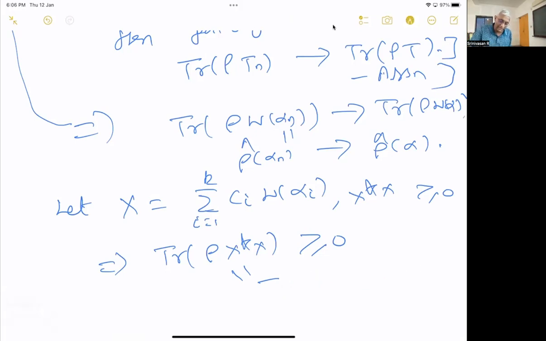When we define a state, it has to give a positive linear functional on some algebra. We are not going through that definition of state. We have rho as a positive trace class operator of trace 1, and it is a state because it gives rise to a positive linear functional through this. That is what you're using.